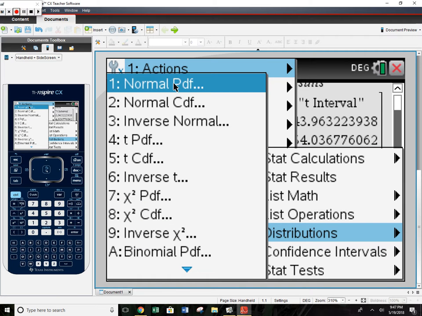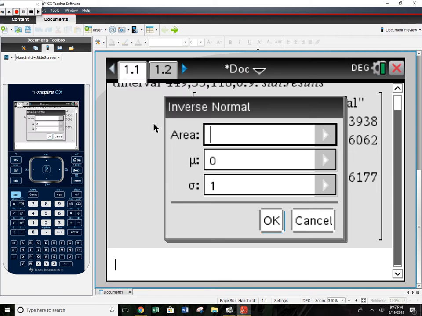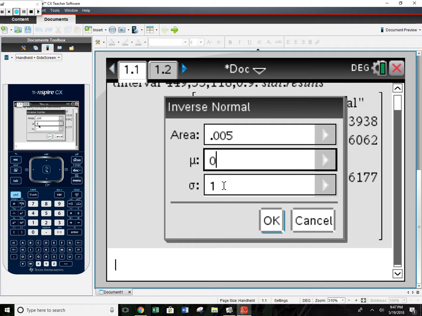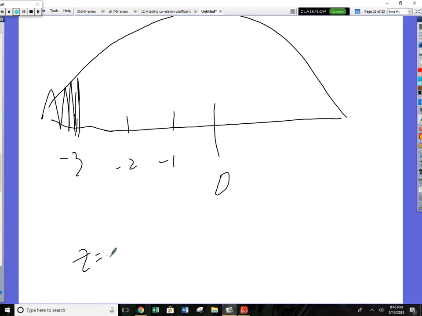It's a normal distribution, but I know the area. I just don't know the z-score. So the area I want under that is 0.005. The mean, leave it alone, hit OK, and there is your z-score. -2.6, which is pretty reasonable. We thought it would be way out there. So that means this, z equals -2.57, so that is 2.5, like right here. So from here on is 0.5%.